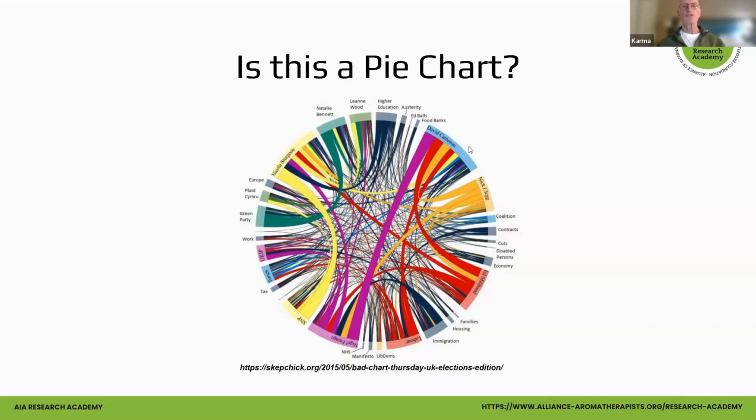So it's a linkage of candidates and issues. I think this is one where the investigator just gave the data to a graphics designer and told her to make a nice picture. You can't tell anything about this. Look at all this complexity in here. Anyhow, don't do that.